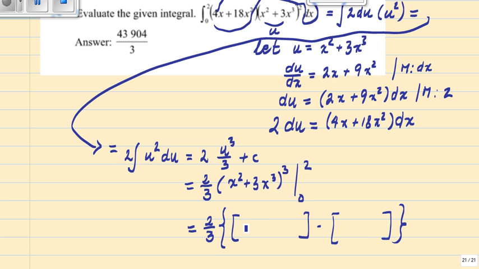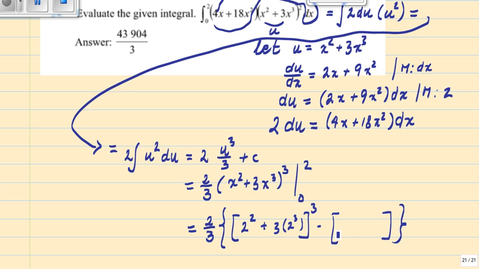Upper limit first, so it'll be 2 squared plus 3 times 2 cubed. Oh no, this is actually 2 cubed, right? 2 squared plus 3 cubed, and then everything is cubed.